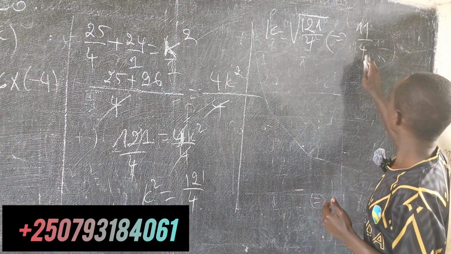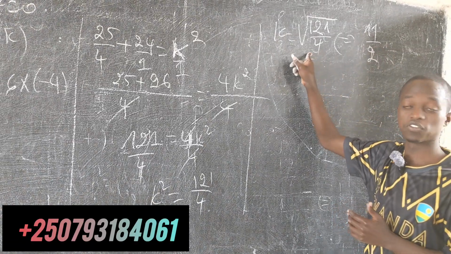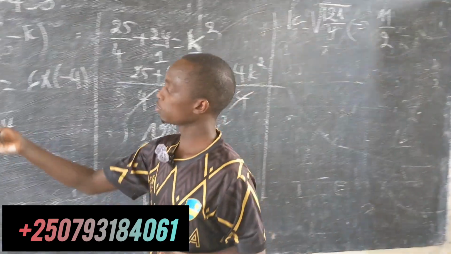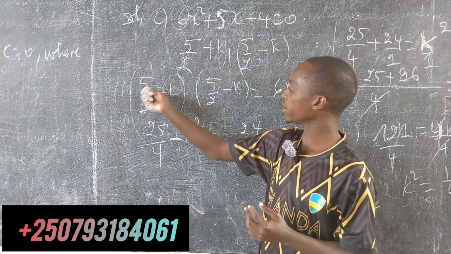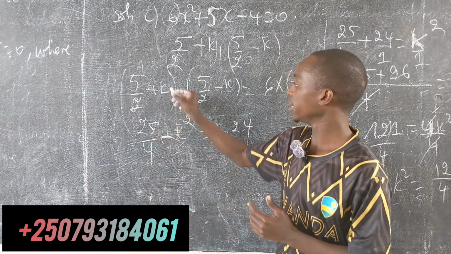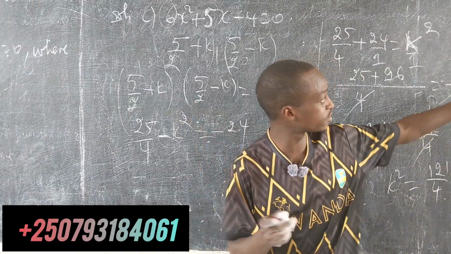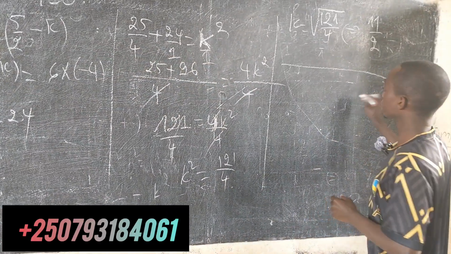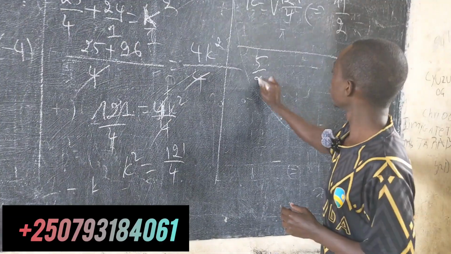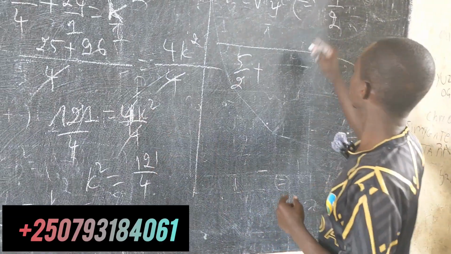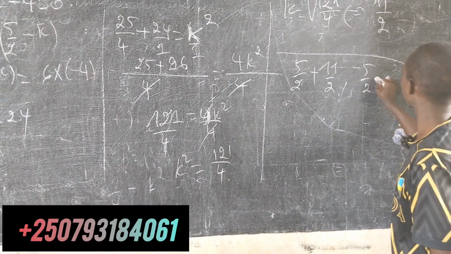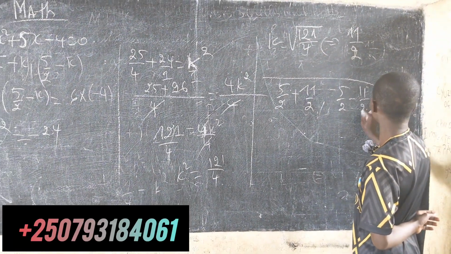So what divided by 2? Because the square root of 4 is going to be 2. So what is next is to come to our factors. Here we have 5 over 2 plus k, and we replace that k with that value, and the same here. So we need to write 5 over 2 plus k, which is equal to 11 over 2, and 5 over 2 minus k, which is equal to 11 over 2.